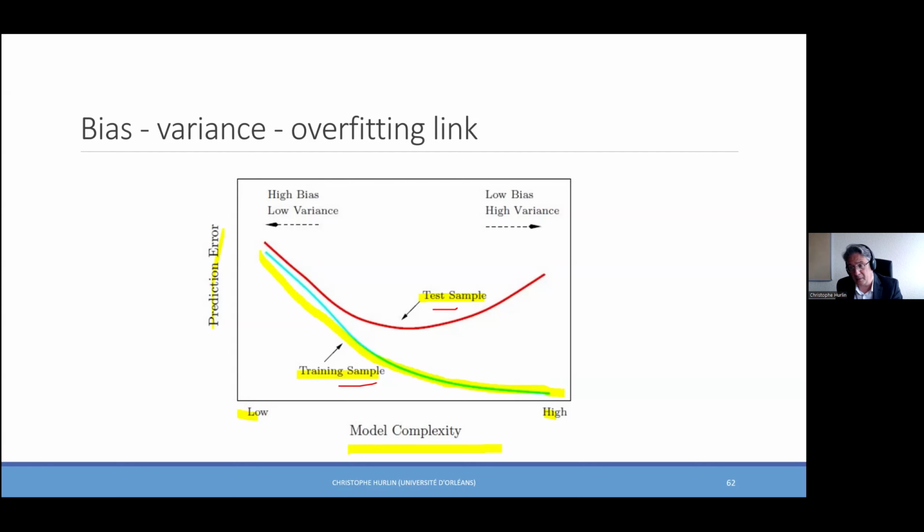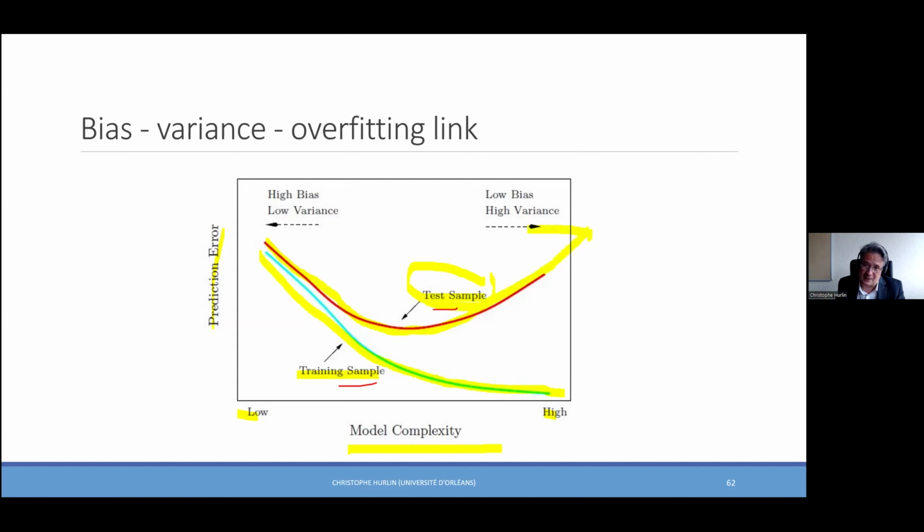But if I use this model now on the test set, then for a low level of complexity, I will decrease the total error of my prediction. But if I introduce a model which is too complex, then the risk is that the error will tend to increase.